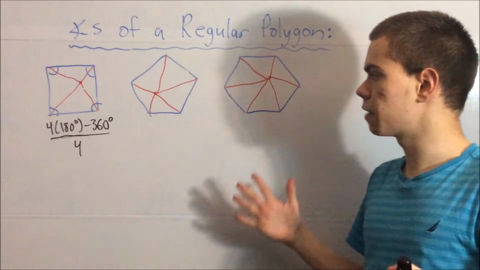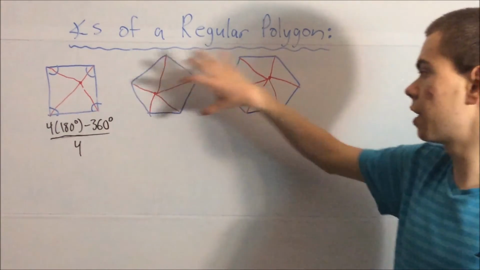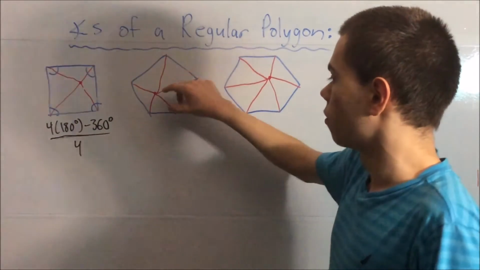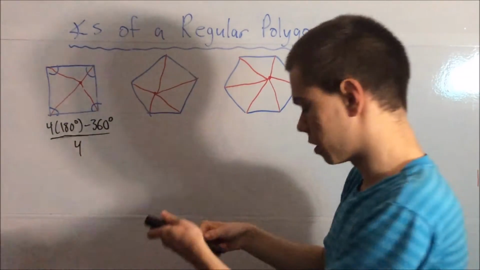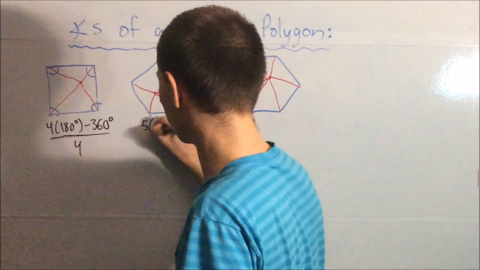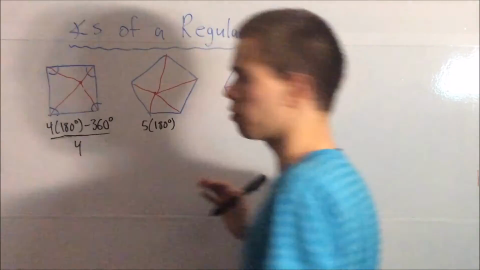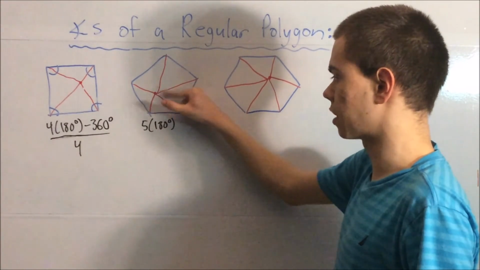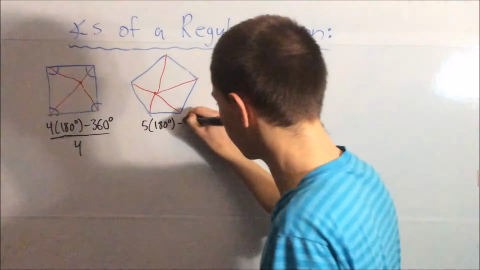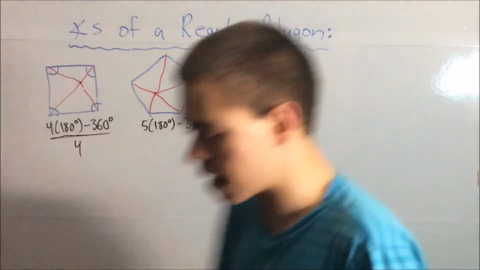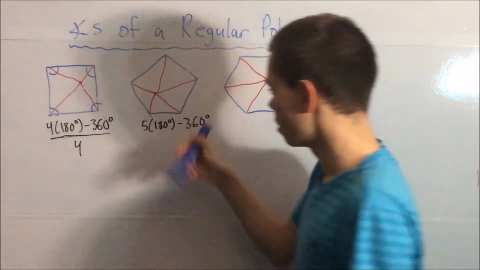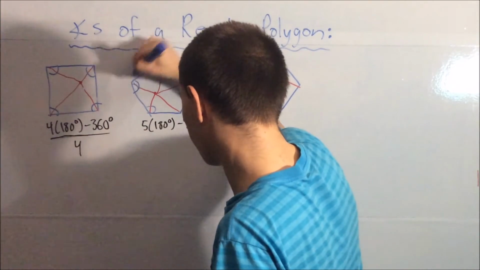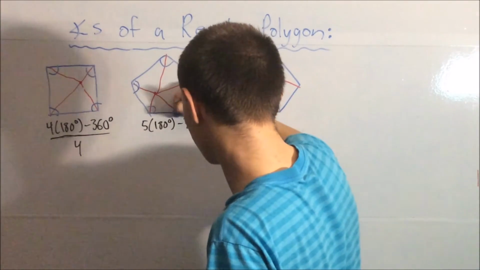And we could do the same thing for our pentagon and our hexagon. For our 5-sided regular polygon, we have 5 triangles. So our total angles would be 5 times 180 degrees. Subtract the 360 degrees that intersect at the point. Once we subtract that 360 degrees, the only angles we're dealing with are the angles that touch the regular polygon, those 5 angles.